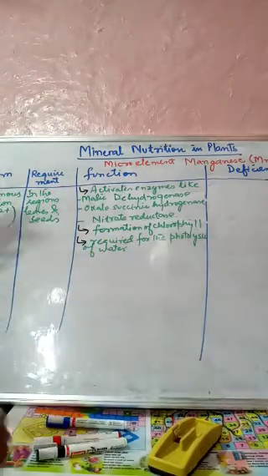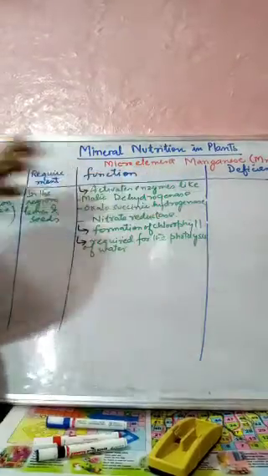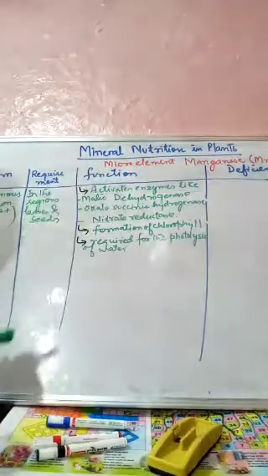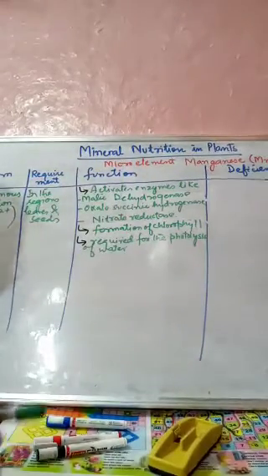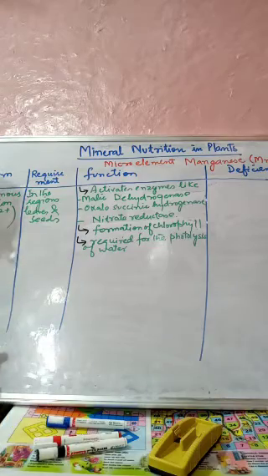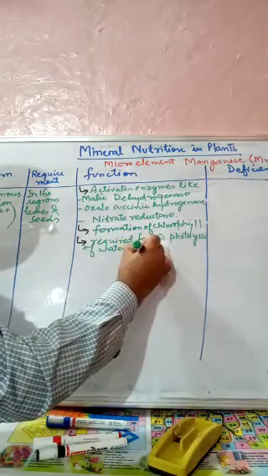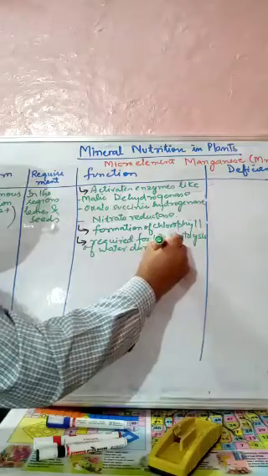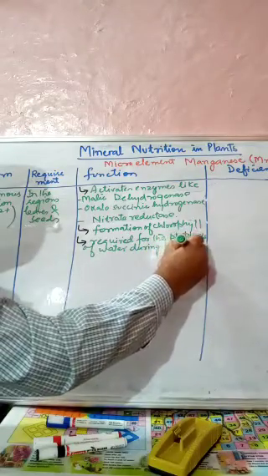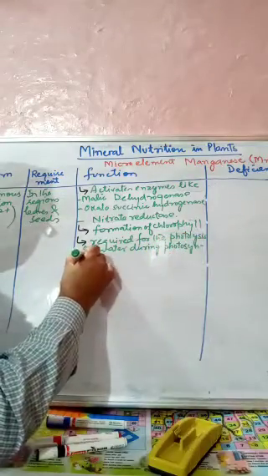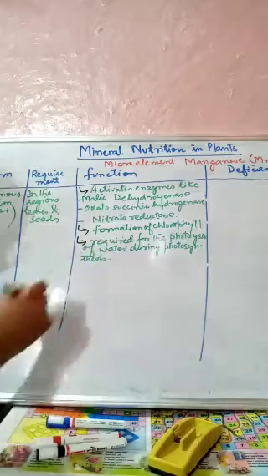This manganese is required for the photolysis of water, that is, the dissociation of the water molecule, and this takes place during photosynthesis.